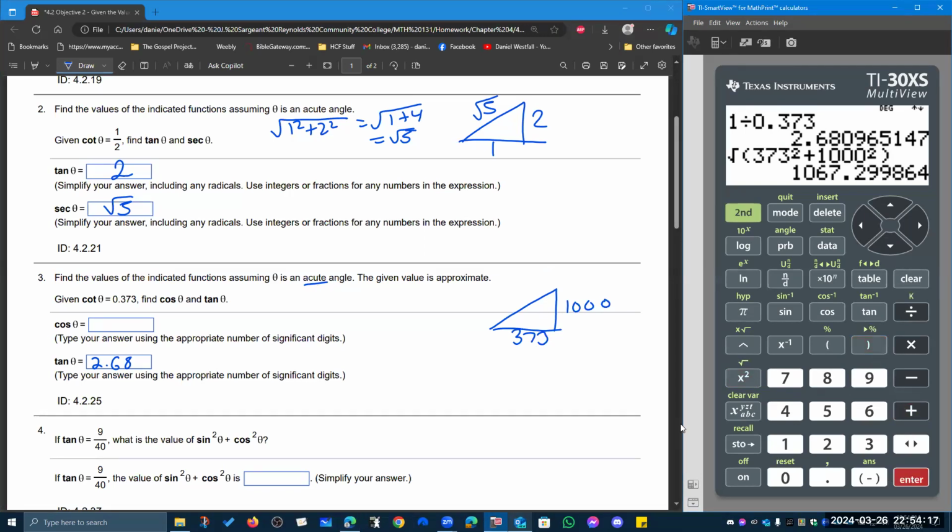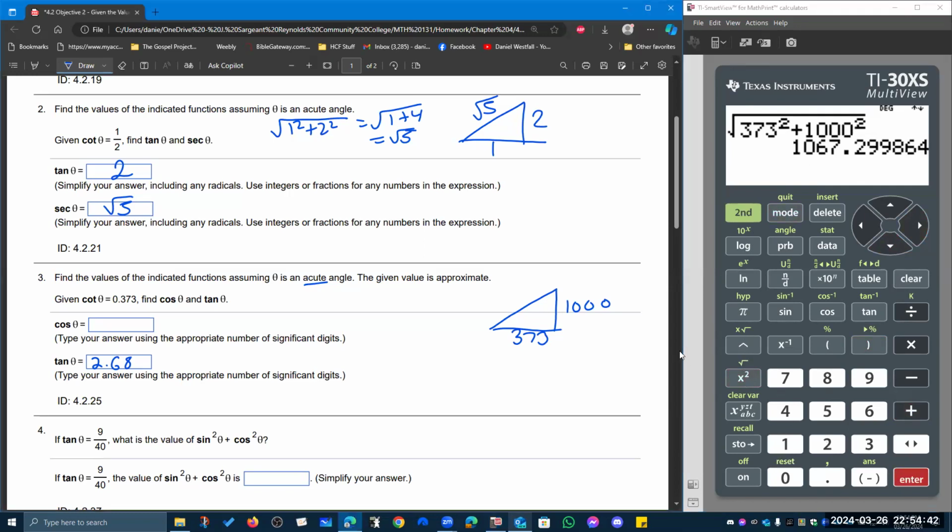Let's see if I've got a more exact answer here. 373 squared plus 1,000 squared. Nope.